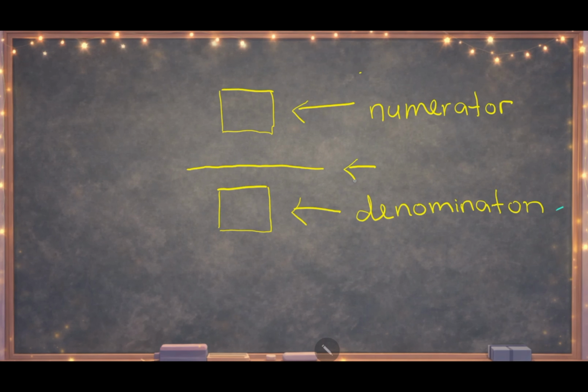And this line in the middle is called a fraction bar. The fraction bar has a meaning, which is to divide. What does a denominator mean? And what does a numerator mean?